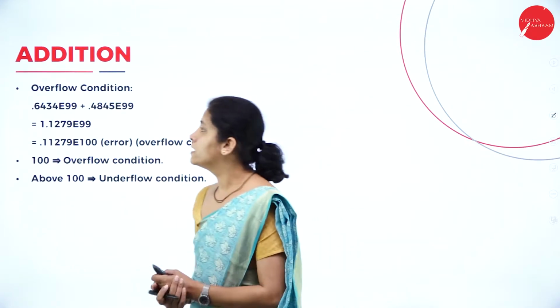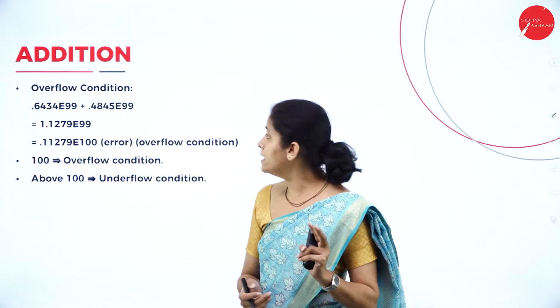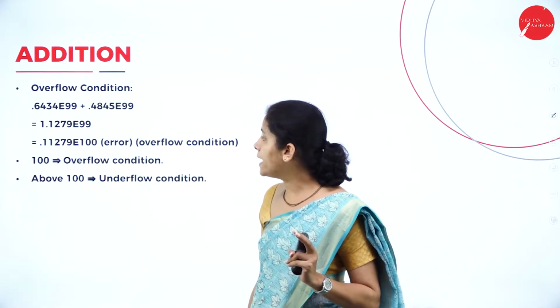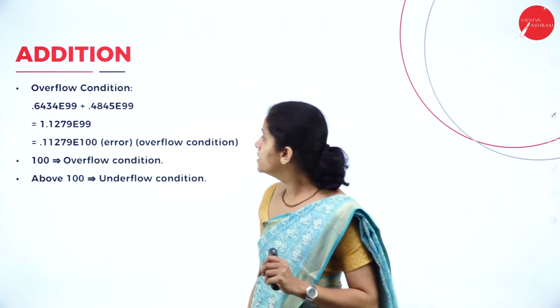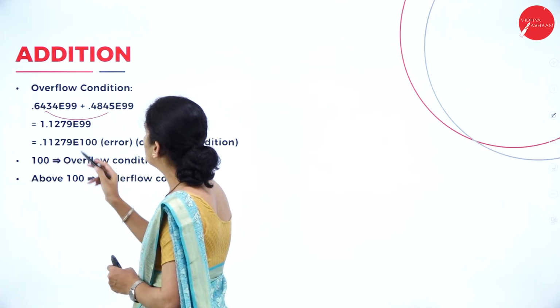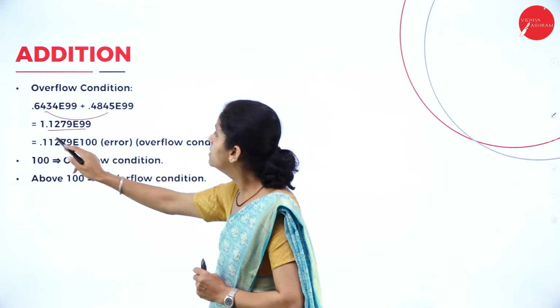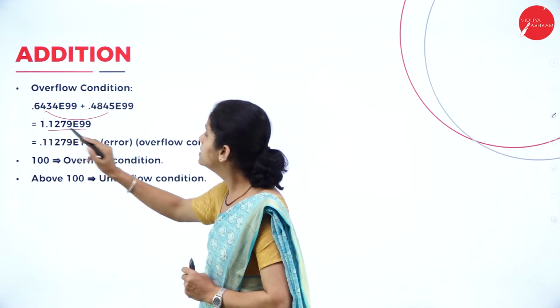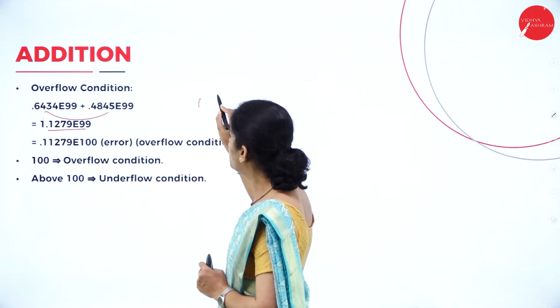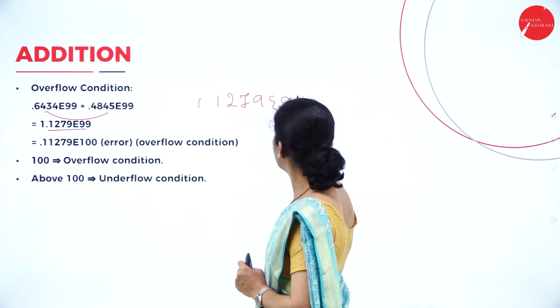Now, if I consider addition, I have two conditions: one is overflow and another one is underflow. So dear student, if I add these two numbers, I'm going to get some value. Here I have 1.1279 E99.